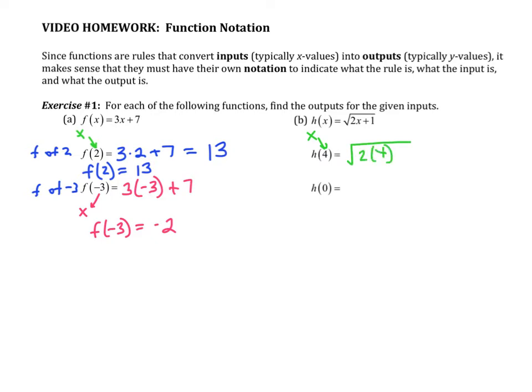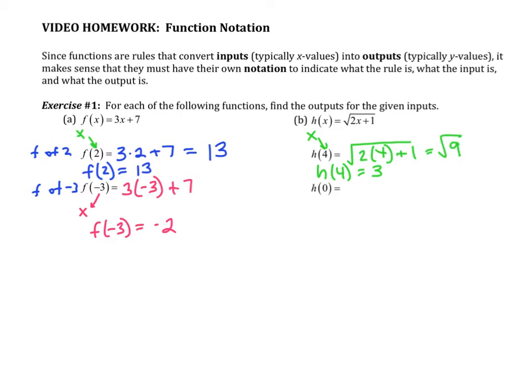So we have the square root of 2 times 4 plus 1, which would be the square root of 9, which of course we know is equal to 3. So looking at the first example, h of 4 equals 3. 4 was the input, 3 is the output.